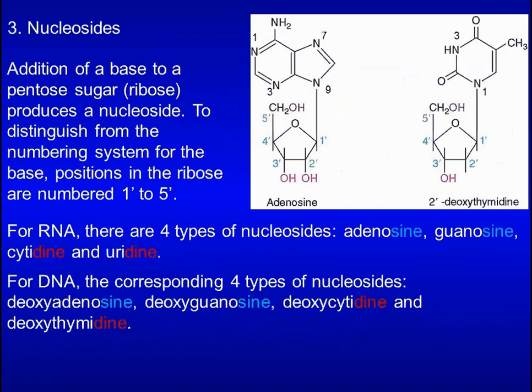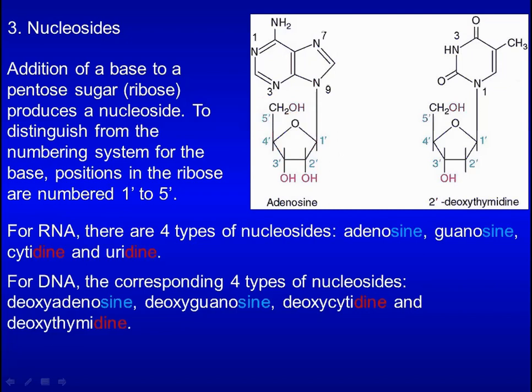Addition of a base to a pentose sugar gives rise to a nucleoside. To distinguish the numbering system for the base from the numbering system for the ribose, in the ribose, positions are numbered 1' to 5'.